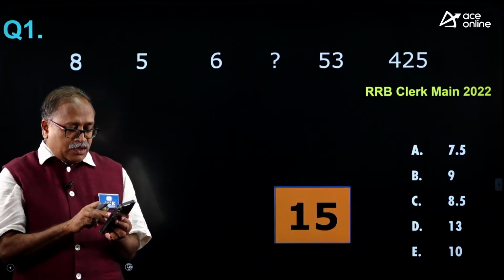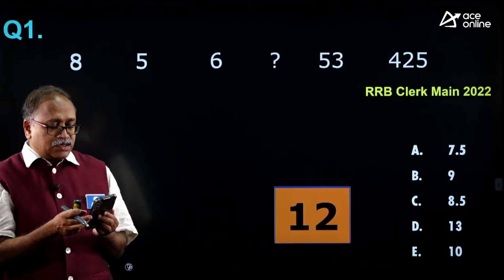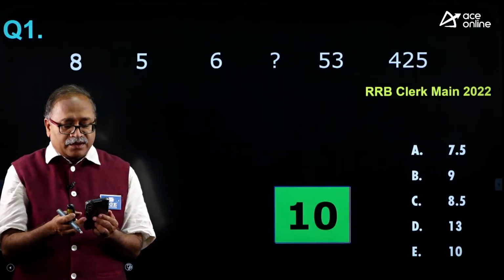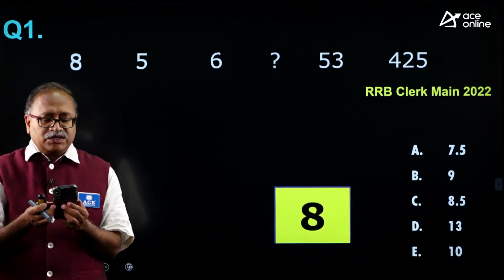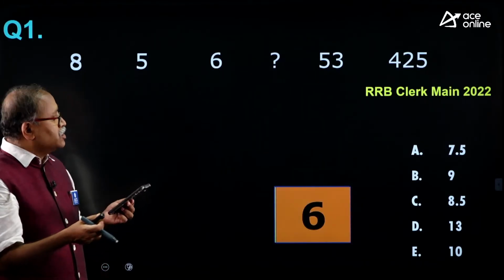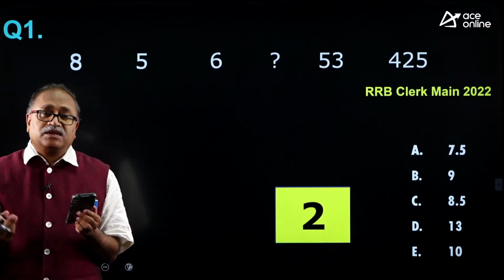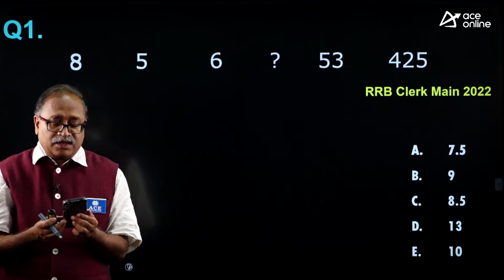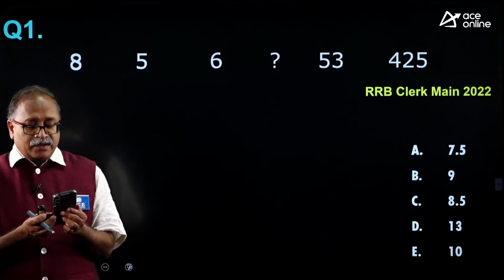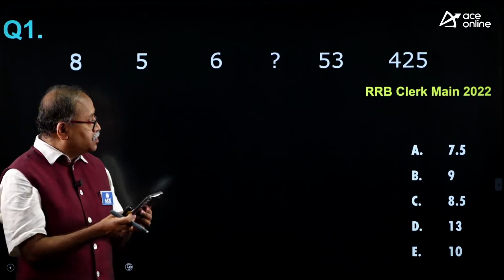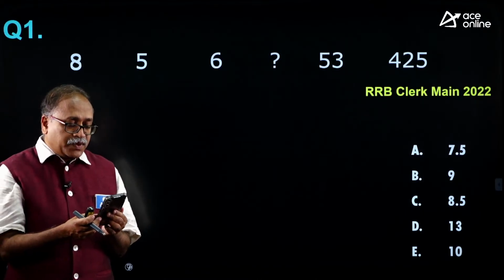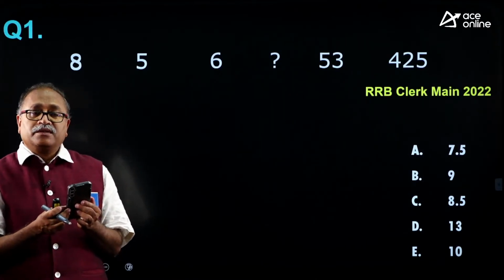Can you answer the question, my dear friend? Just do the practice. I am not teaching anything, I just gave a clue to you, and that will help you before the examination. Next month you have the RRB clerk exam. Come on, try to answer the question.